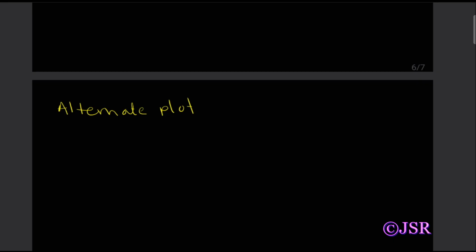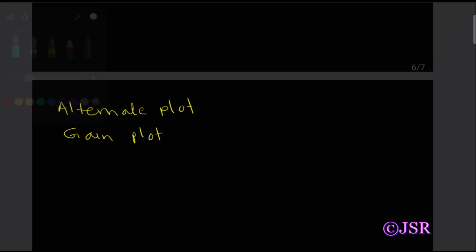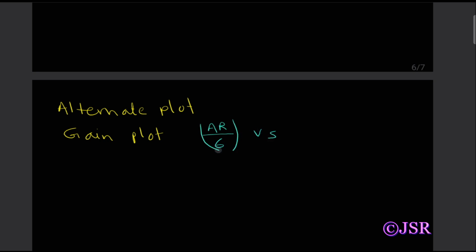In this, the gain plot can be represented as AR by 6 versus omega, and the phase plot as phi versus omega.